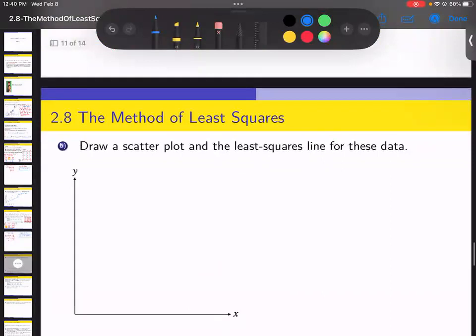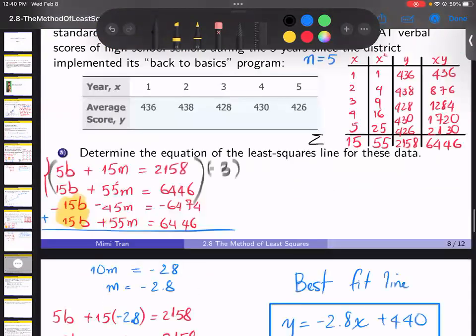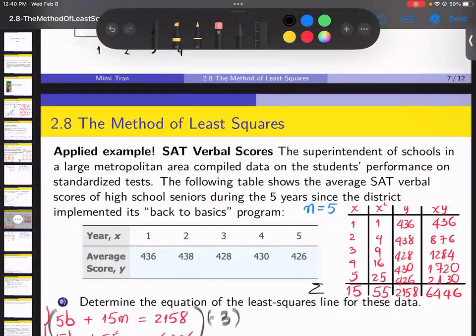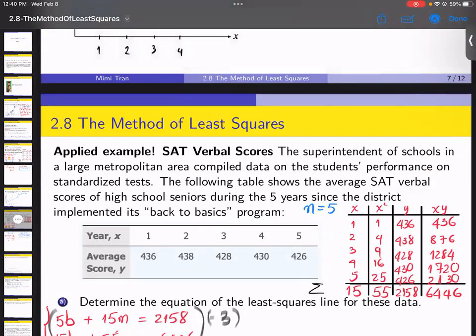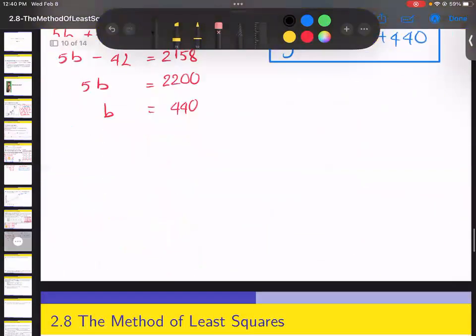Let's draw this. If you look at the X and Y, the scale is crazy. X is pretty straightforward, but the Y scale is huge. So let's see, I'm going from 426 to 436.